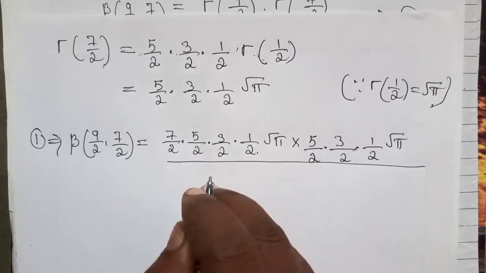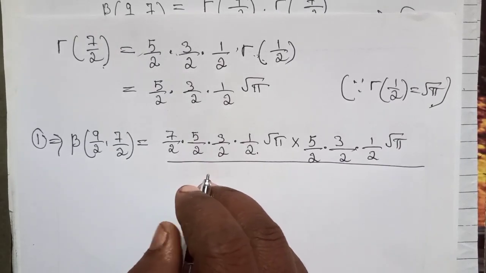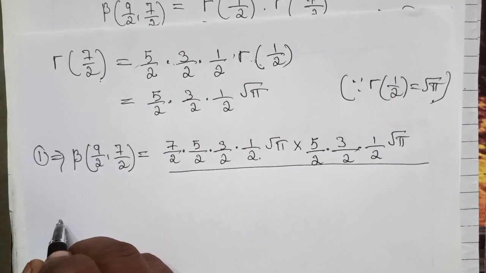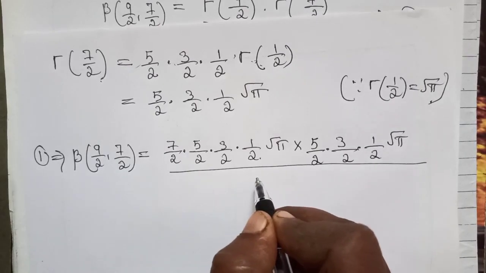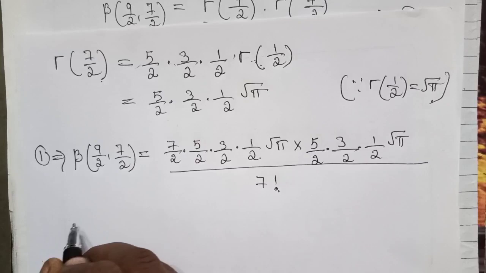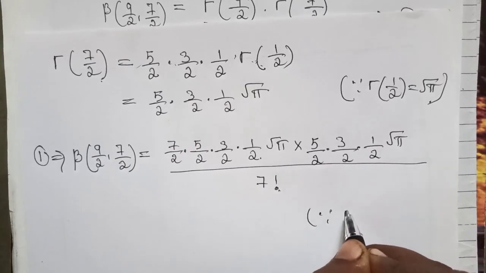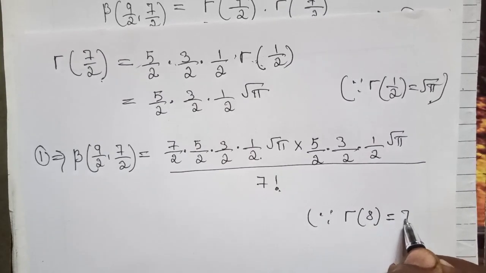In the denominator we have gamma of 8, whose value is 7 factorial, since gamma of 8 is equal to 7 factorial.